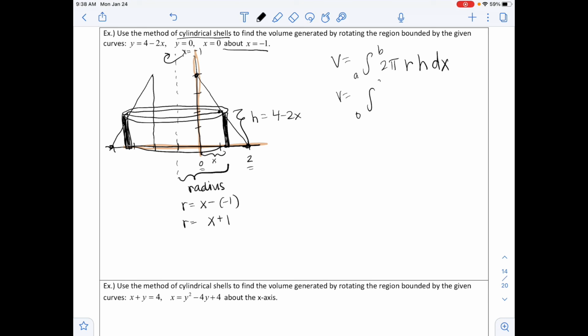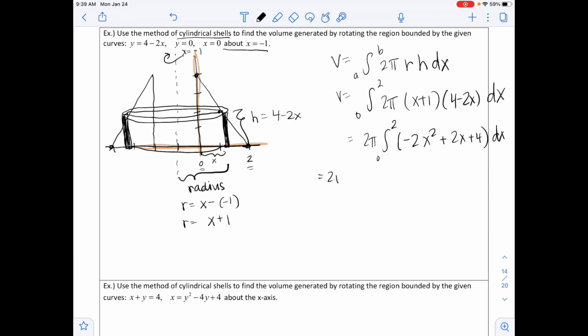So we're integrating from 0 to 2 of 2 pi r, our radius is x plus 1, and h, our height, is going to be 4 minus 2x dx. So in order to integrate this one, I'm going to pull my 2 pi out in front, and then I'm going to multiply out x plus 1 times 4 minus 2x, and combine my like terms. I arrive at negative 2x squared plus 2x plus 4 dx.